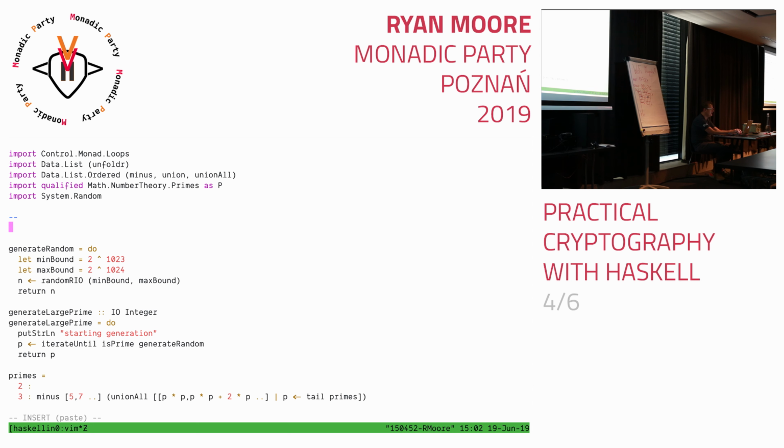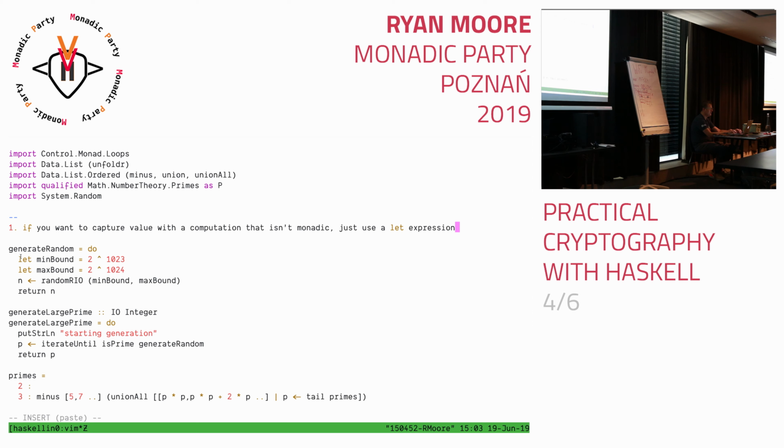So the first one is, if you want to capture a value with a computation that isn't monadic, just use a let expression. So that's the example here.